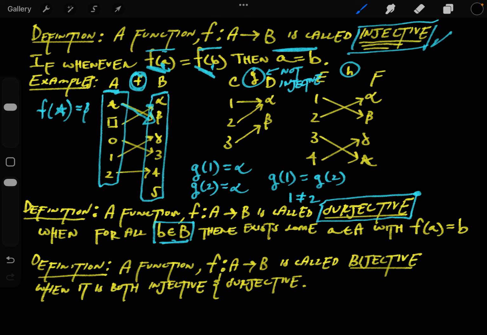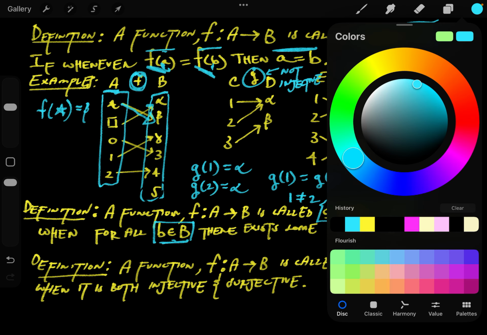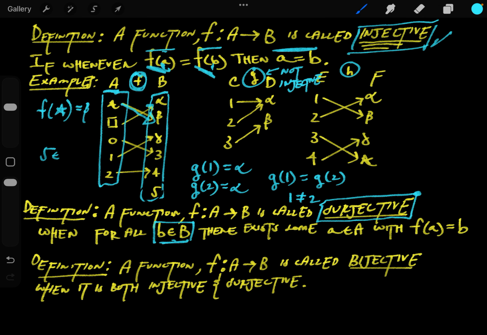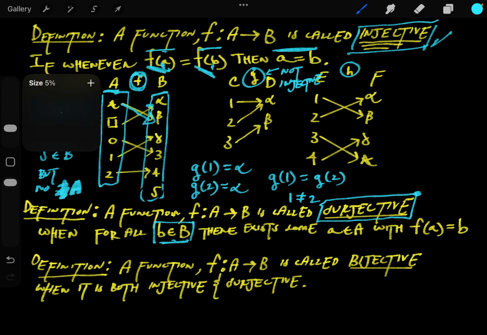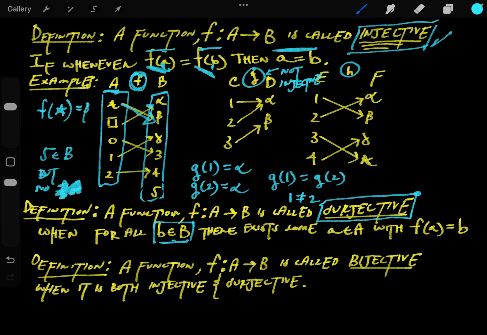But we can see that there's an element, 5, contained in B, but there's nothing in A that goes to it under f. So f is not surjective.